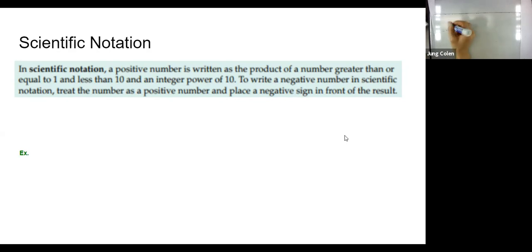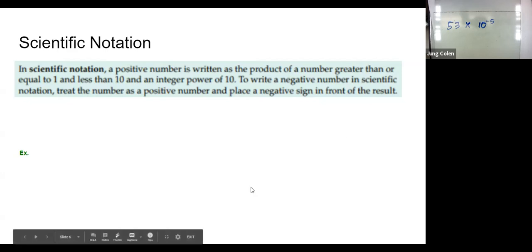We're going to do a little bit more practice, but just to review, how about this? Let's use a similar problem: 53 times 10 to the negative 5th power. Do you think this is scientific notation? Let me use the whiteboard so you can see better.